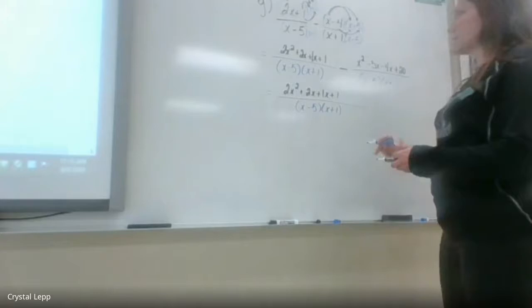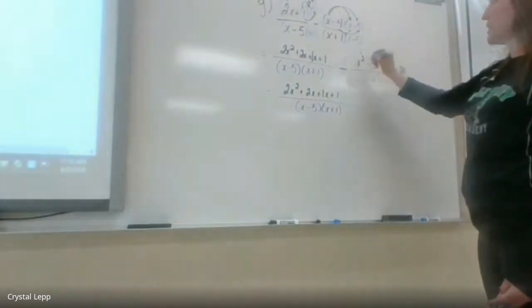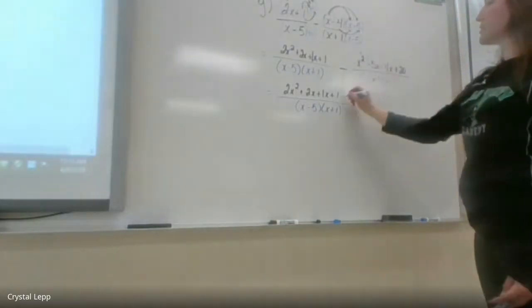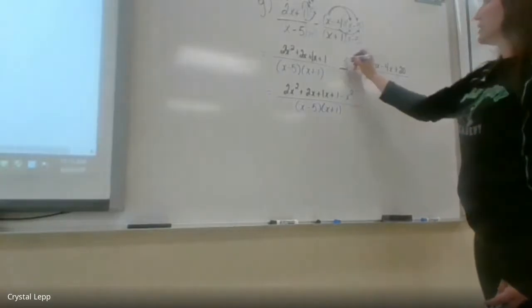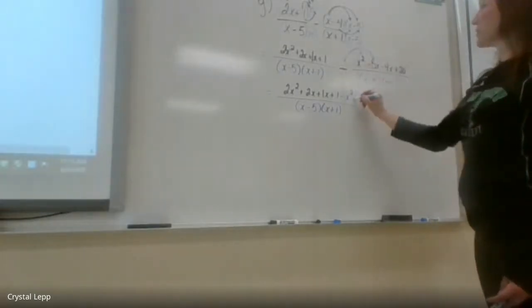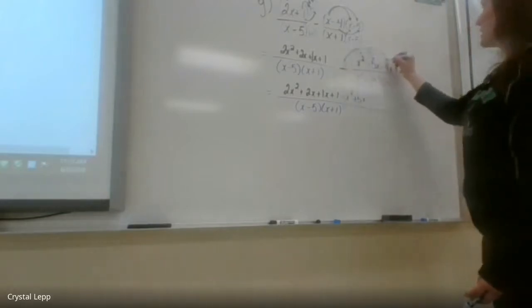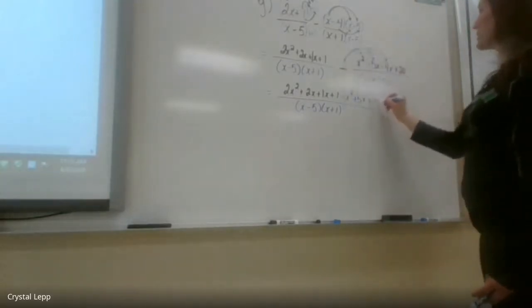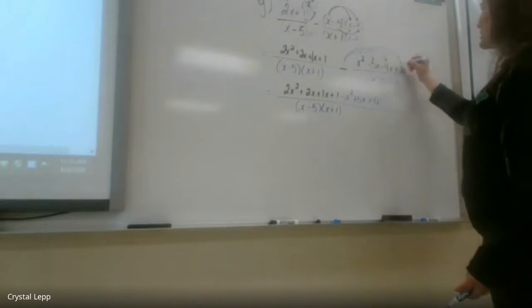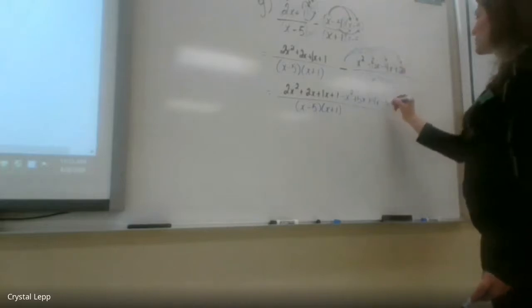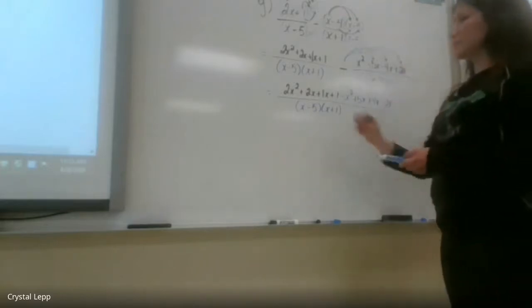And now this is the catch. I have to remember to minus everything behind this. So minus a positive x squared, so I get minus x squared. Minus a negative 5x, so I get plus 5x. Minus a negative 4x, so I get plus 4x. And then minus a positive 20, so I get minus 20. Then I can collect like terms.